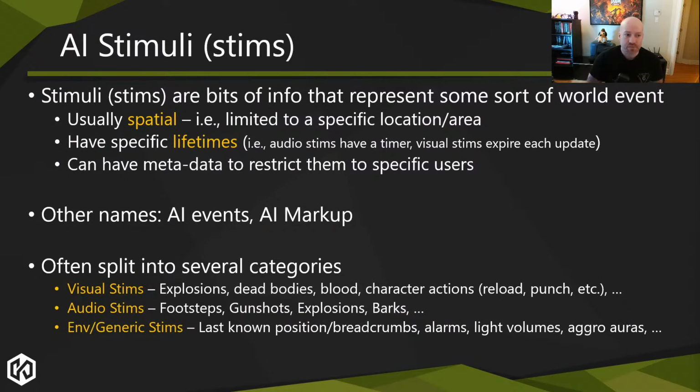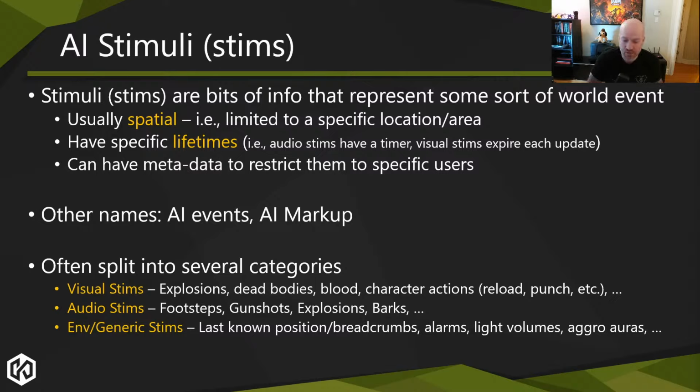I mentioned the stims. I think that's a relatively common name. What a stim, or stimuli, is, is just an event that's occurred with a specific type, and they're usually tied to a location in the world, and they often have specific lifetimes. So for example, audio stims are a common one.